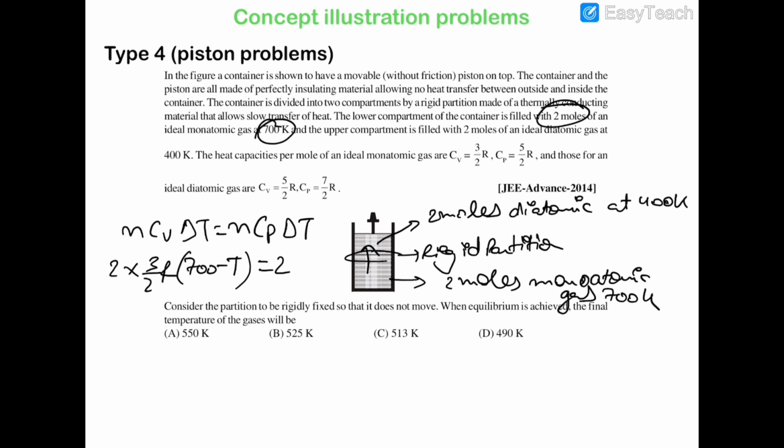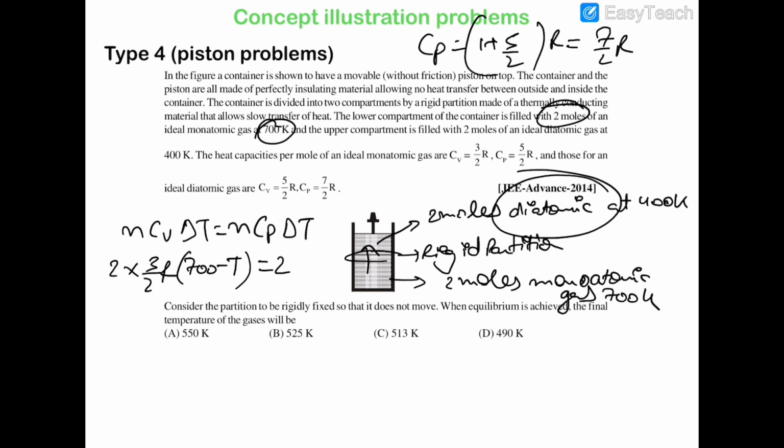For the upper gas, the diatomic gas, Cp will be (1 plus f/2) R, where f is 5 for a diatomic gas, so it will be 7/2 R. So this is 7/2 R, and delta T will be T minus 400.